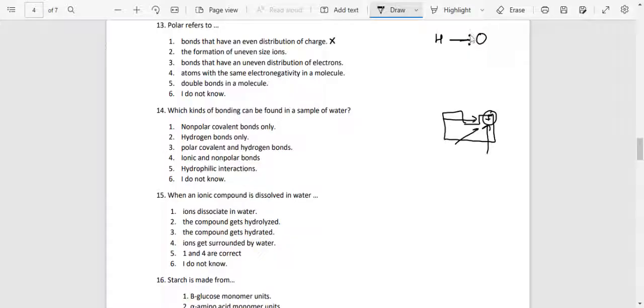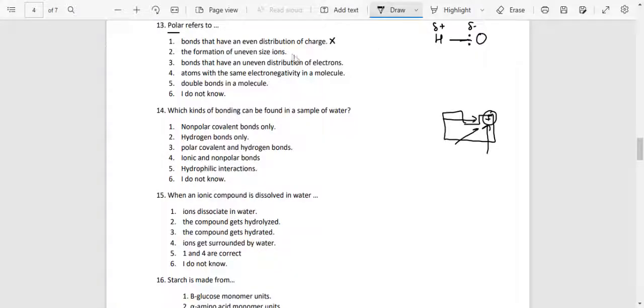Electrons are negatively charged, and because the electrons are closer to oxygen, this gives oxygen a partial negative charge, and hydrogen gains a partial positive charge. So this partial negative and partial positive is what leads to what we call polarity, polar bonds. So polar has to do with uneven or unequal sharing or distribution of electrons.